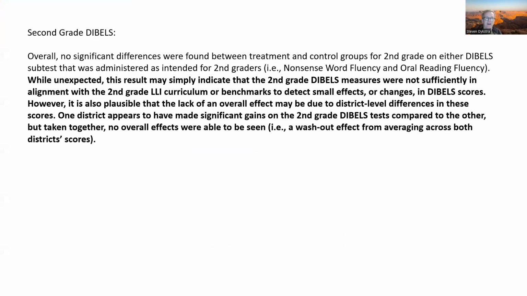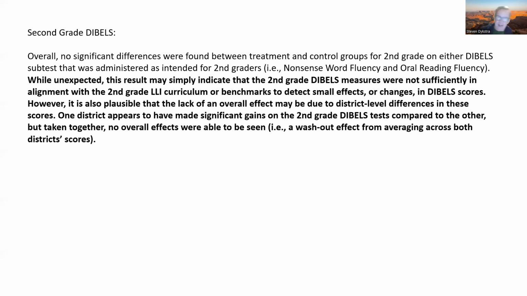By second grade, now they have to admit it: overall, no significant differences were found between treatment and control groups for second grade on either subtest that was administered as intended for second graders, nonsense word fluency and oral reading fluency. While unexpected, this result may simply indicate that second grade DIBELS measurements were not sufficiently aligned with the second grade LLI curriculum or benchmarks to detect small effects.